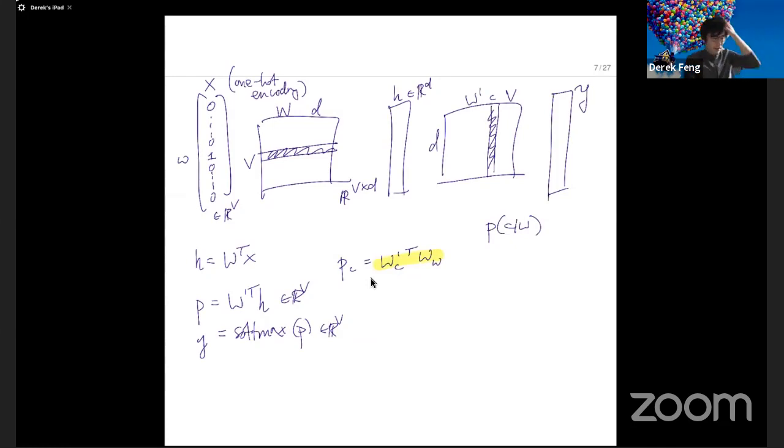C inner product with W. Okay, sorry. Here I've been a little annoying again by changing C with W. I think it should be W and C, but I'm not going to change that. So here I've called the word that I'm predicting C and the word that I'm conditioning on W.